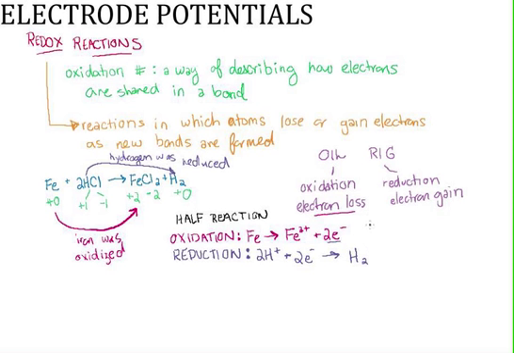See how that works? So these are also sometimes referred to as ion-electron equations. Ion-electron equations. And they're going to be useful in our discussion of electrode potentials today. I promise I'm going somewhere with this.